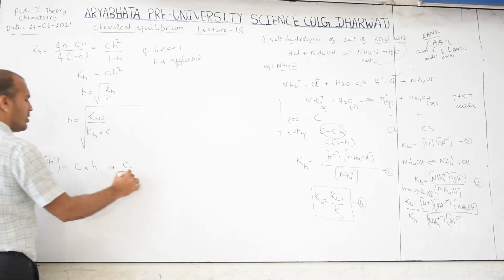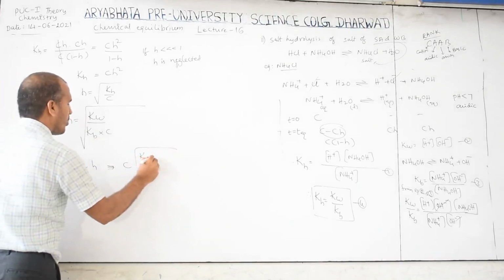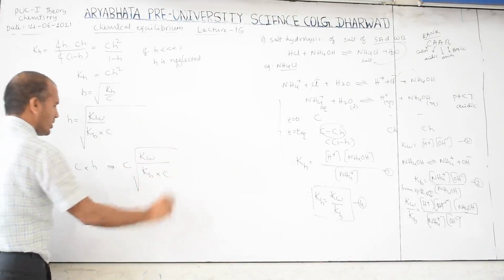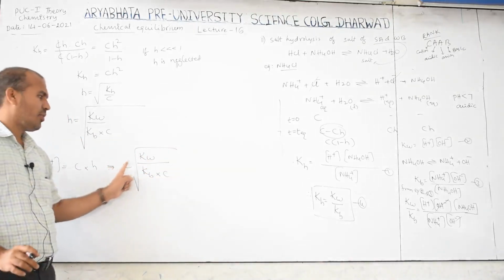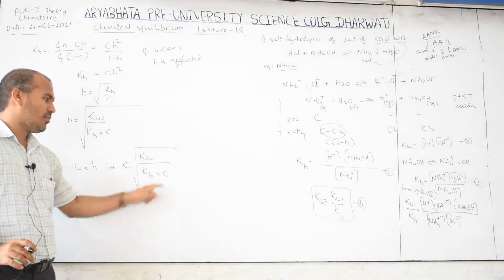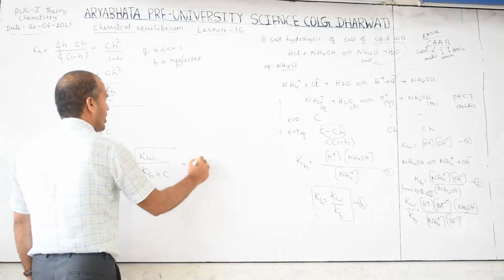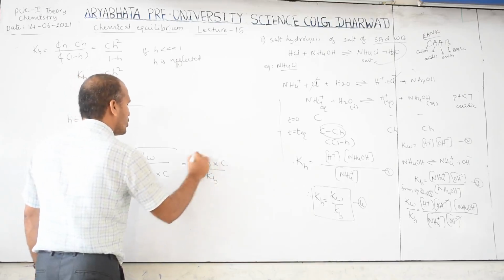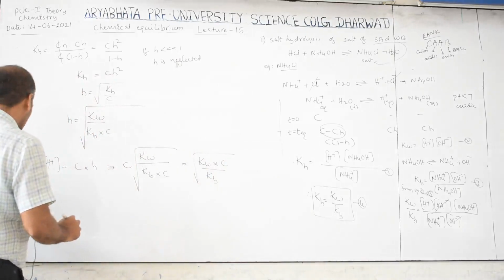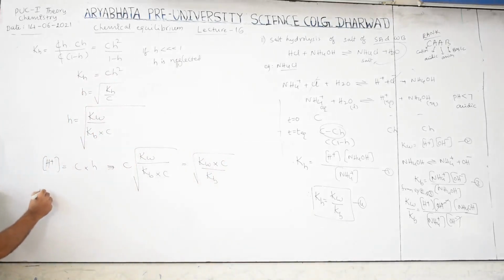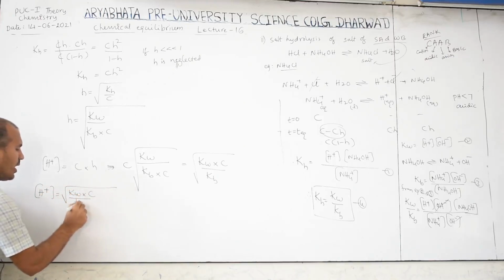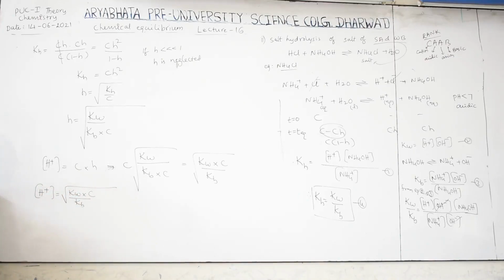When C is outside and comes inside, that is C square, one C cancels, and this will be represented as root of Kw into C by Kb. So based on this we concluded that H plus ion concentration is equal to root of Kw into C by Kb. This is very clear.